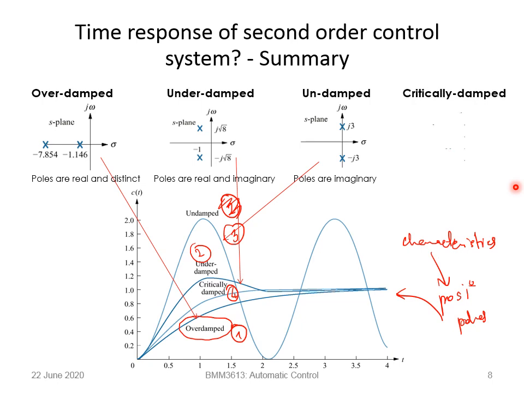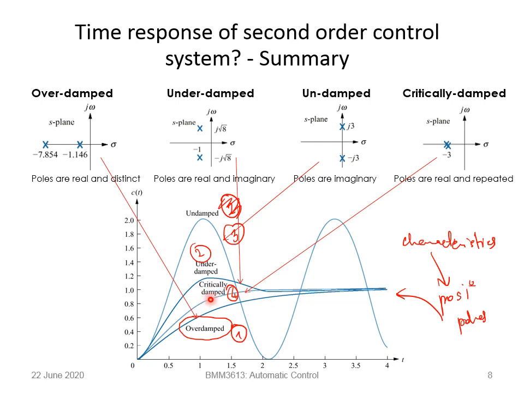And finally, we have seen the critically damped system. What is a critically damped system? It is a system where both poles are real and repeated. They are at the same point, they are not distinct. In such a situation, you will have a time response that looks like this.